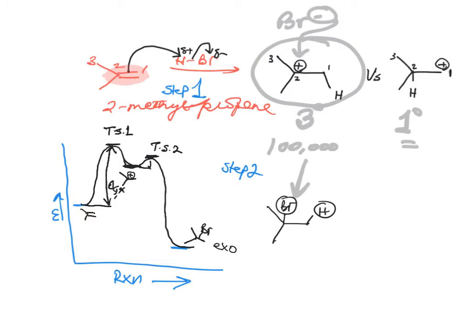If you wanted to determine the energy of your transition state 2, that's your delta G2 double dagger. And the difference in energy, which is this difference, is going to be the delta G0. Okay, so one could say that the energy of the intermediate is always higher than the starting alkene.